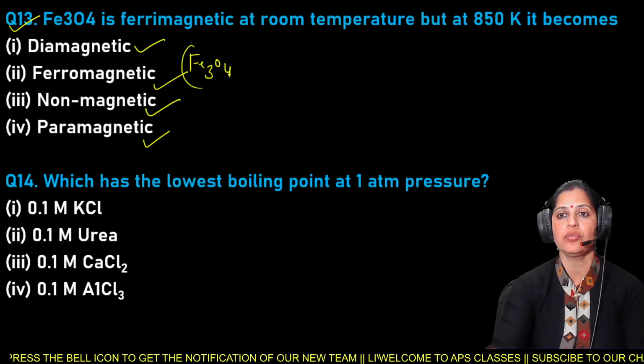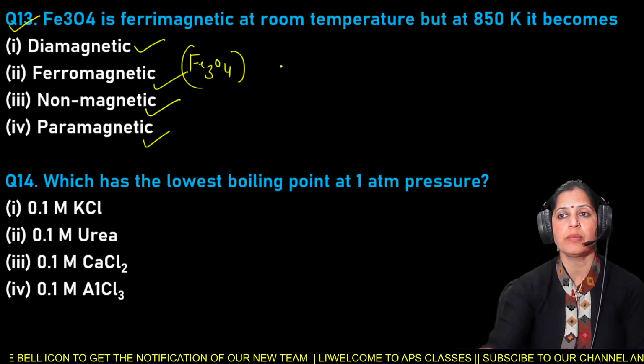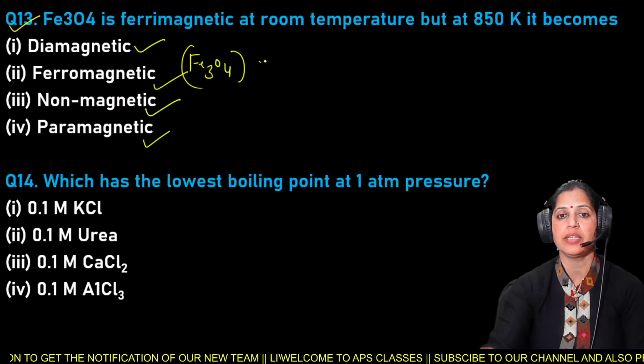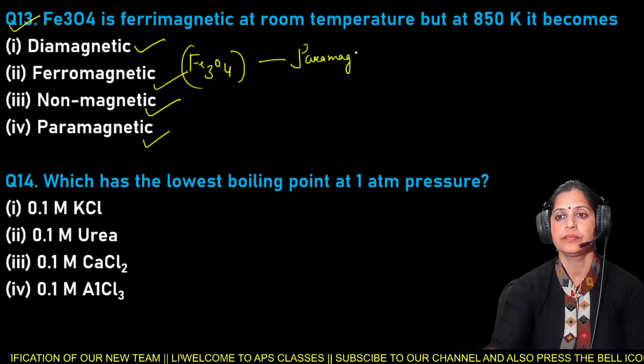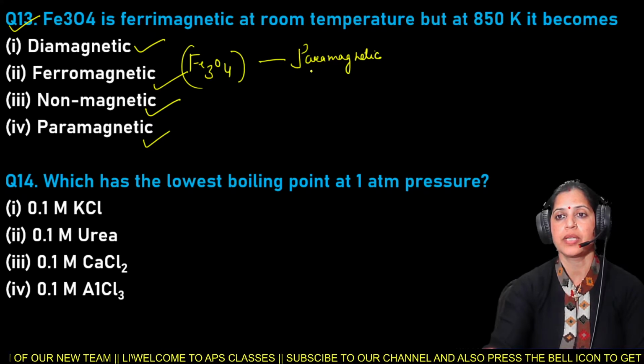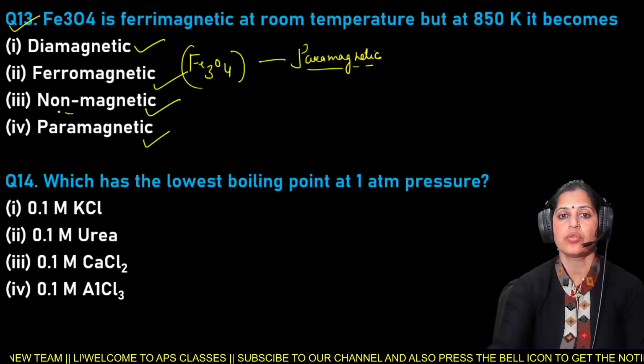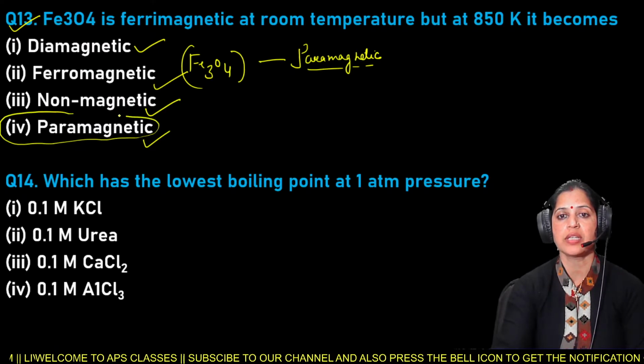So beta, Fe3O4 is ferrimagnetic at room temperature, but at 850 Kelvin it becomes paramagnetic. So here option 4 is the right answer for question number 13.